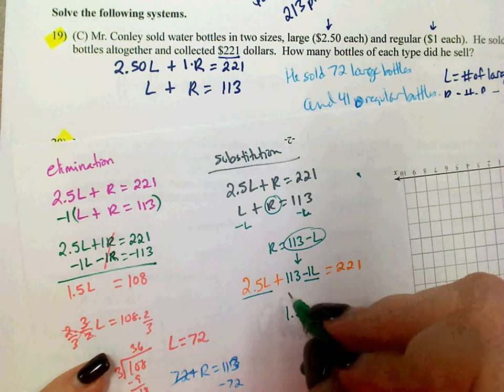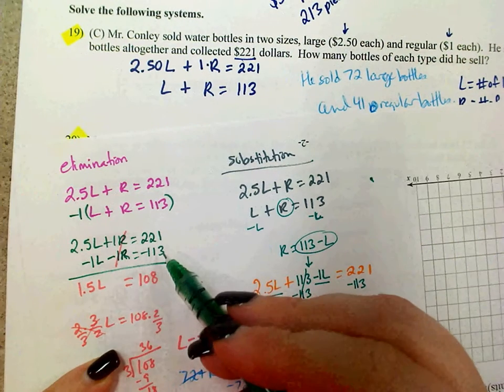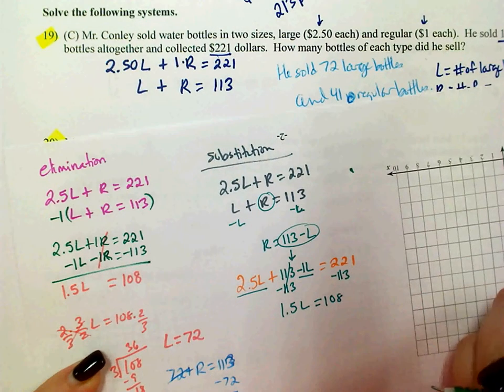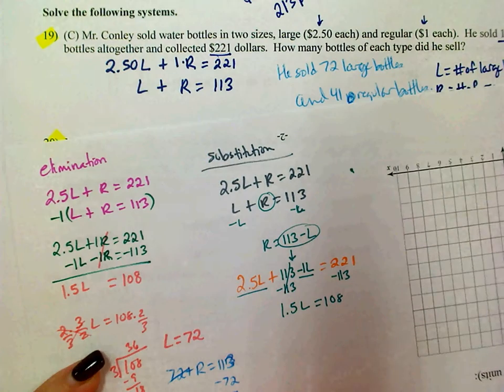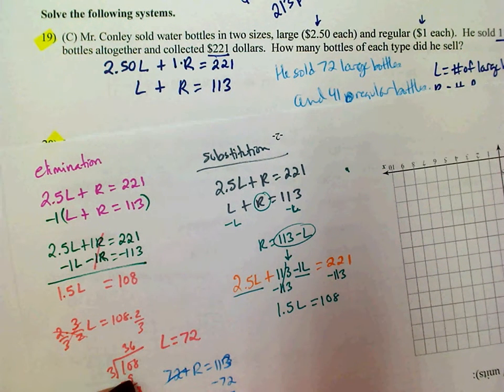Then if I subtract 113 over, you find again it's 221 minus 113, and that is 108. Then I would divide by 1.5 or multiply by 2/3, and I would get the answer. So either method will get you the same result.